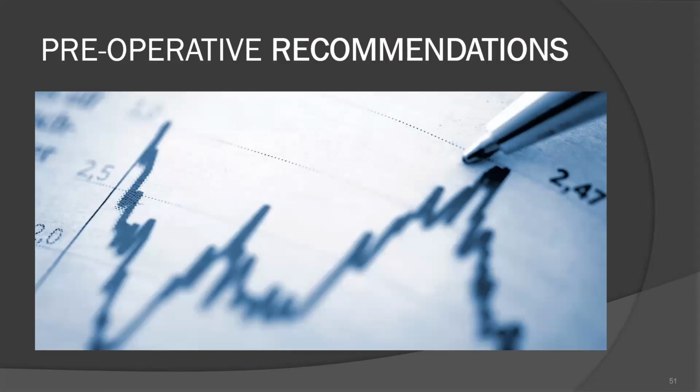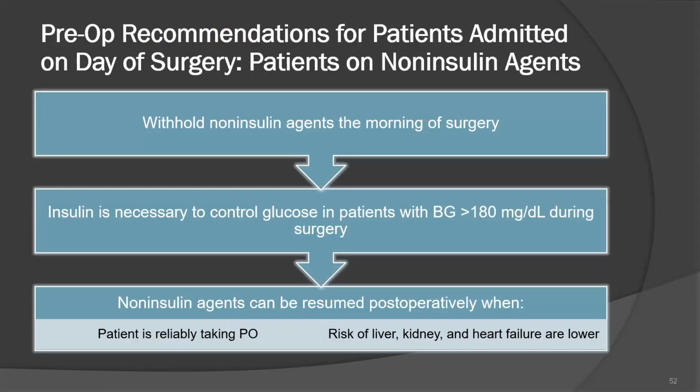Coming to the pre-operative recommendations for patients undergoing operations or surgeries. Pre-operative recommendation: patients admitted on the day of surgery, patients on non-insulin agents, those who had been on oral therapy at home. Withhold these non-insulin agents the morning of surgery. Insulin is necessary to control glucose in patients with blood glucose more than 180 during surgery.